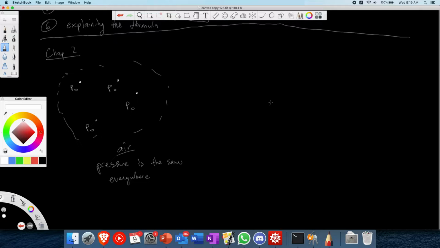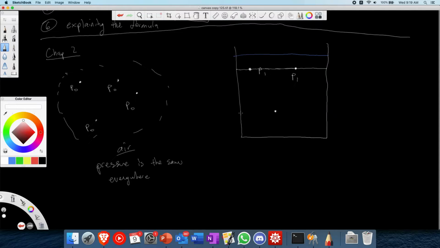Whereas for liquid, the story is a bit different. Let's say we know the pressure here, P1. Then we can ask, at the same water level, what's the pressure here, and what is the pressure at a different level? It turns out at the same level, the pressure is P1.